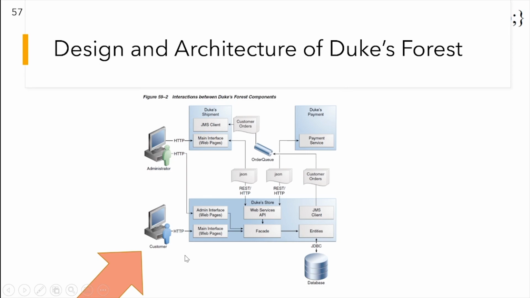The customer orders something, it sends it into the customer order queue, and then the administrator will verify that order. Once it verifies it, it sends a web page back and checks it with the entities that communicate with the database, and then it continues to the payment, and then you will be able to buy the stuff that you want.